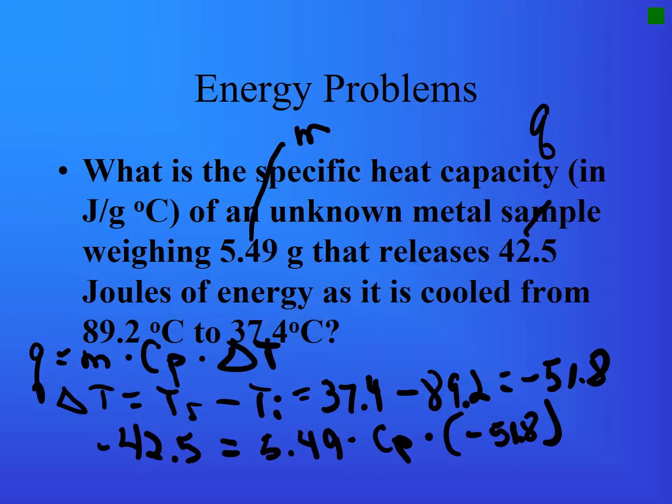If I solve for Cp, we're going to do 42.5 divided by parentheses 5.49 times 51.8. We have negatives on both sides, so that actually goes away. So Cp is equal to 0.149 joules per gram degree C. And that's our answer.